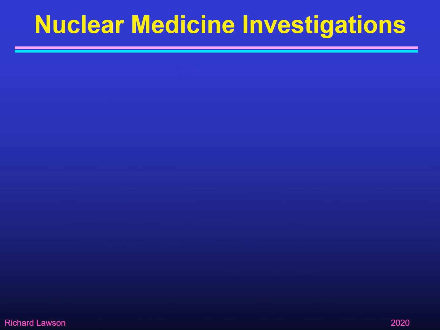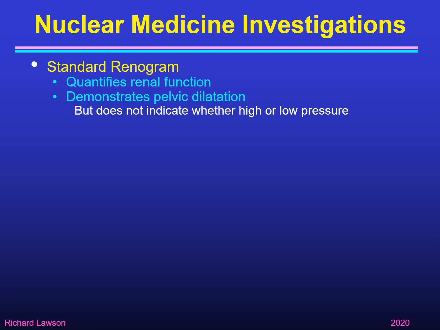So let's see what nuclear medicine investigations are available to diagnose PUJ obstructions. Well, the standard renogram can be useful because it naturally quantifies renal function, and it's important to monitor renal function in these patients to make sure their function isn't falling off. However, what we really want is something that will tell us that a kidney is at risk before the function starts to deteriorate.